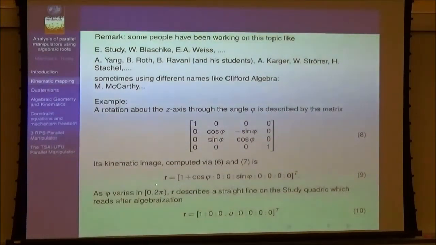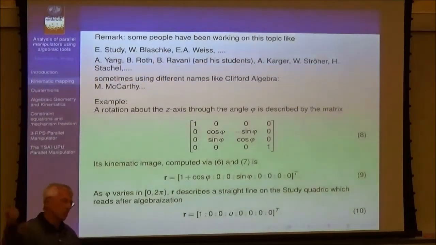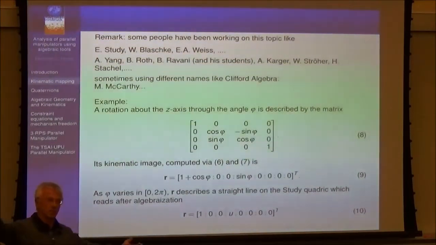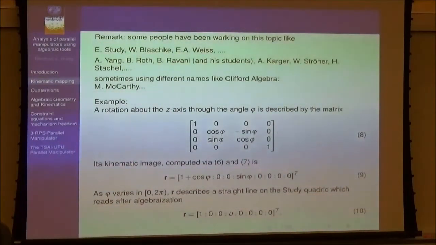Then you will see this vector is equivalent to this vector, but now the parameter has been changed. And you see, this is a linear object. This is a vector that contains only this one variable u, and essentially this curve is a line. So a rotation matrix corresponds to a line in this parameter space.